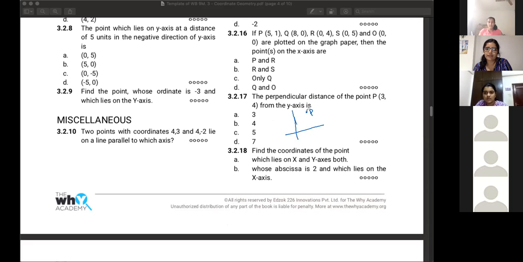So distance from the y-axis is from here to here. Distance always means perpendicular distance. So to find distance you always draw a perpendicular line. So from the y-axis, it will be 4 units. Oh, no, 3 units. I have drawn it for you also. Yes, ma'am.